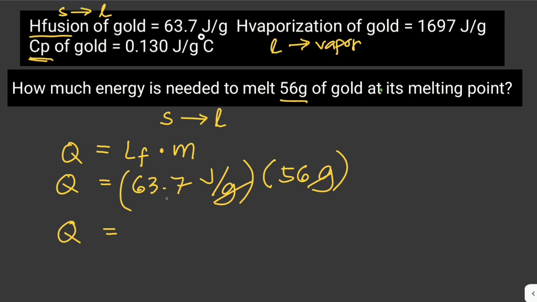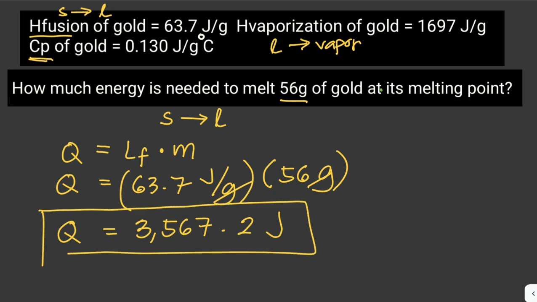It will be 63.7 times 56. That would give us 3,567.2 joules. So this is the amount of energy needed to melt 56 grams of gold at its melting point.